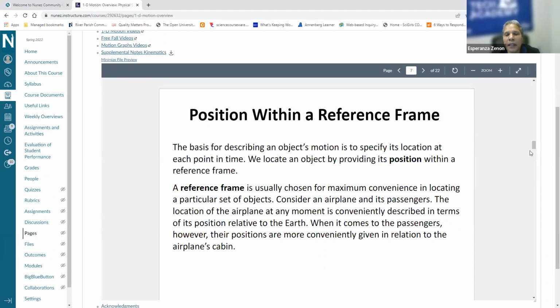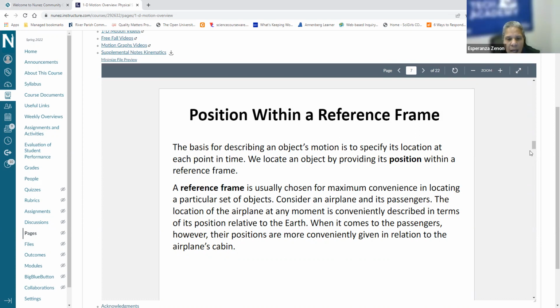Here is one of the key parameters, well, the key concepts that we need to understand in order to determine motion. Remember I said one of the things we're going to be doing is determining motion. Is the object moving? Well, that's a loaded question in many respects.